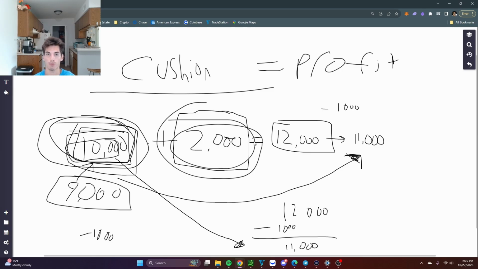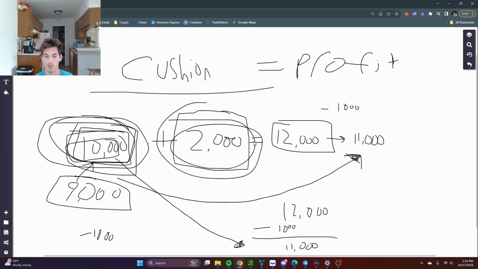Or if you open up a brand new account, then obviously you would have to build a cushion there too. And just trust me, guys, once you build a cushion, trading just gets so much easier, because of the stress that gets taken off of I can't lose my own money, it's just very, very nice.